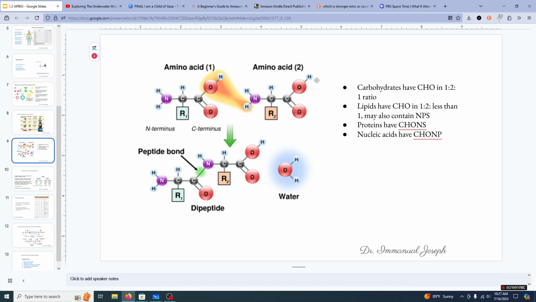So an amino acid has a carboxylic group, an acidic group, as well as a basic group. That's why it's called an amino acid, amino as well as an acidic group.